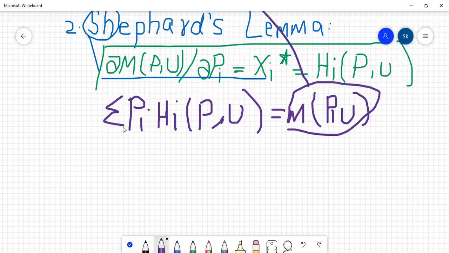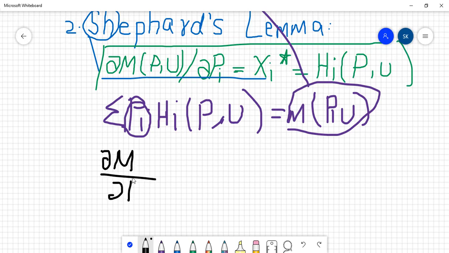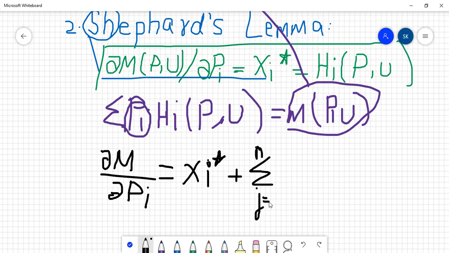Now we will differentiate this particular function with reference to the ith prices, and therefore we will get curly m upon curly pi is equal to xi star plus summation, where the index j starts from 1 and ends at n, pj into curly xj star.